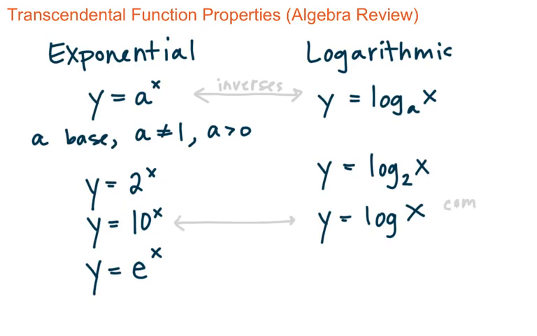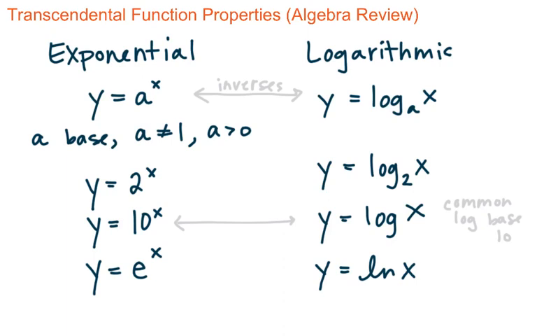Here we have our common log, and a common log is base 10. And if we were dealing with natural log, y equals log base e of x, log base e is a natural log, so we write that as ln of x.